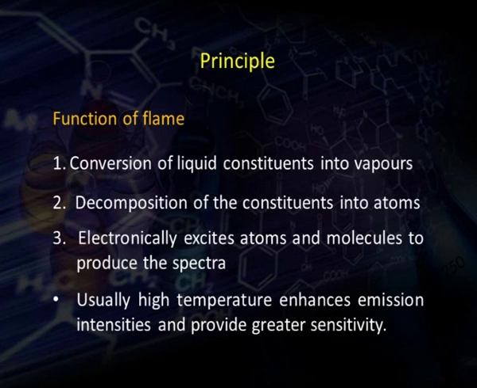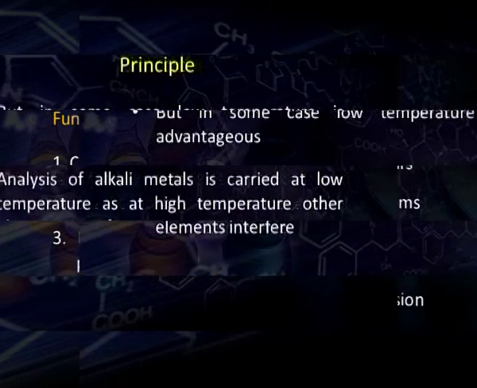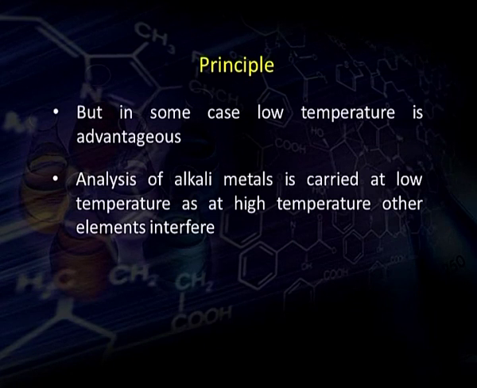Usually high temperature enhances emission intensity and provides greater sensitivity, but in some cases low temperature is advantageous. Analysis of alkali metals is carried out at low temperature because at high temperature other elements also interfere. So, alkali metals are analyzed at low temperature.